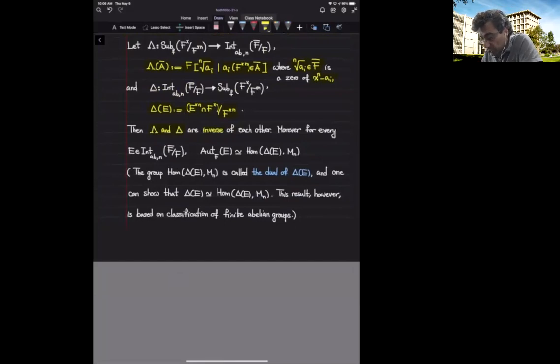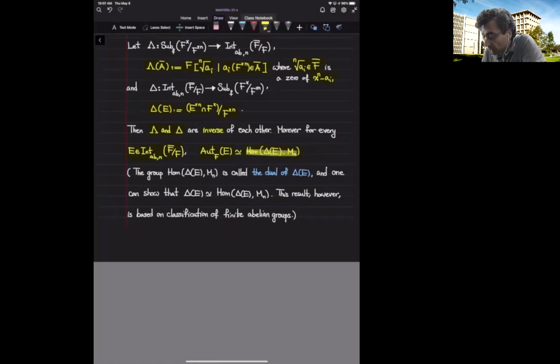Moreover, we are going to show that the group of automorphisms of this field extension, assuming that E is an abelian finite Galois extension of field F with exponent n, then the Galois group of this extension is isomorphic to the group of all the group homomorphisms from delta of E to mu_n.